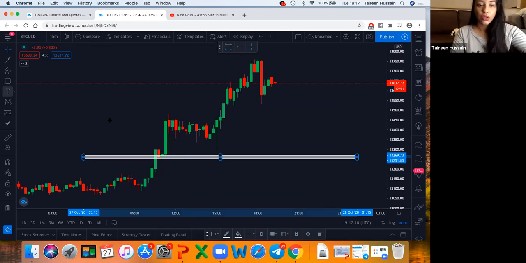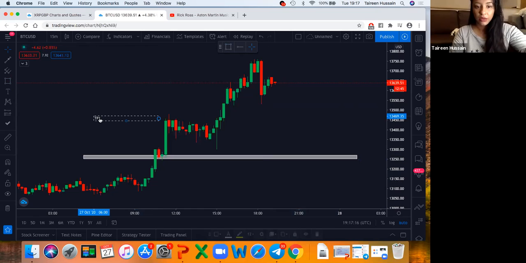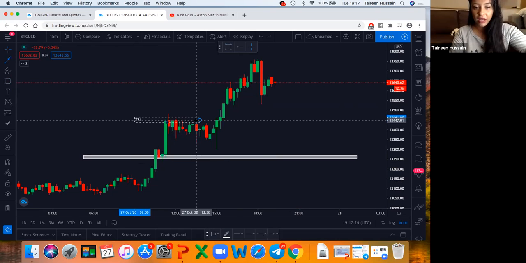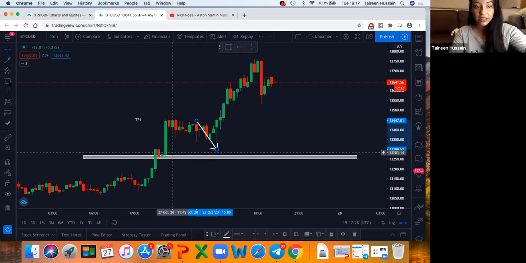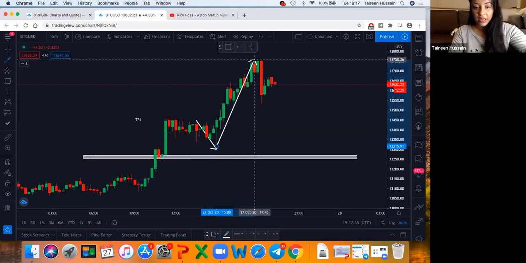Let's just say that was your TP1 right there. Now, this is another thing I can do sometimes. If I wanted to, I can re-enter, or you can have two already going. You could re-enter and go for the same buy near enough the same place.